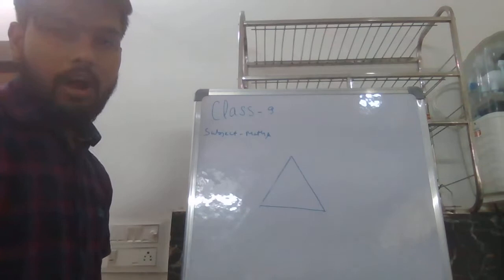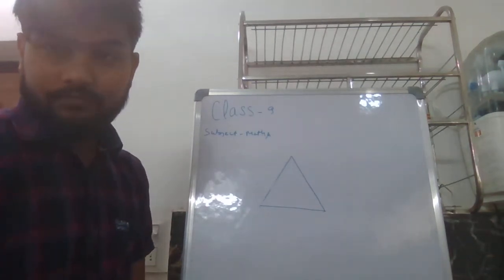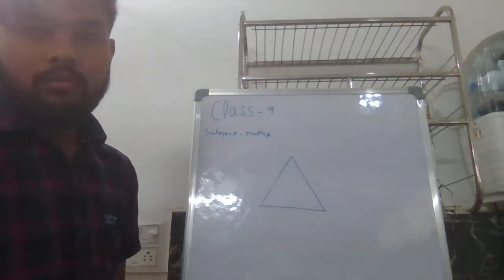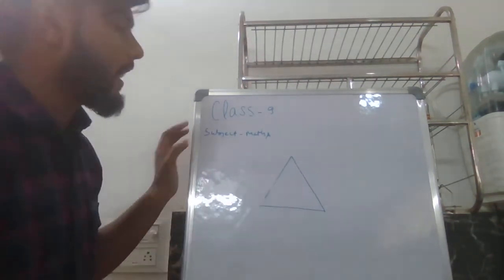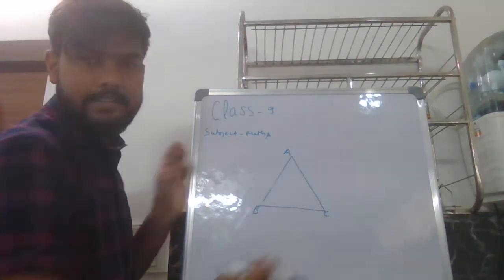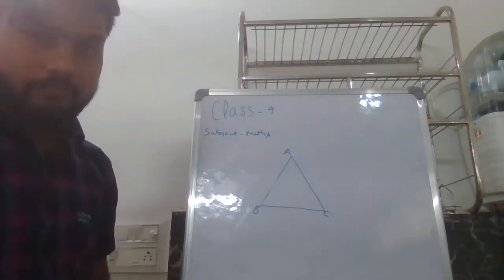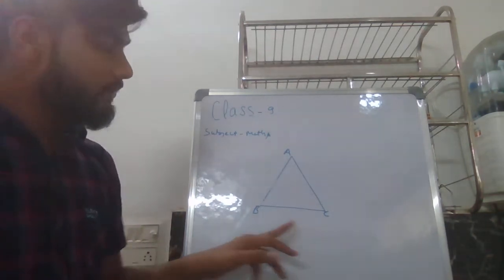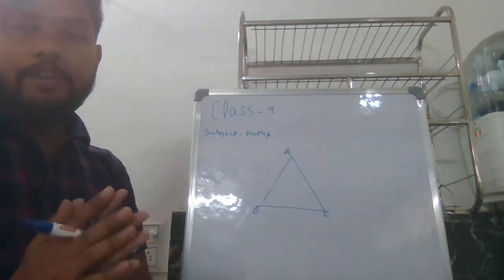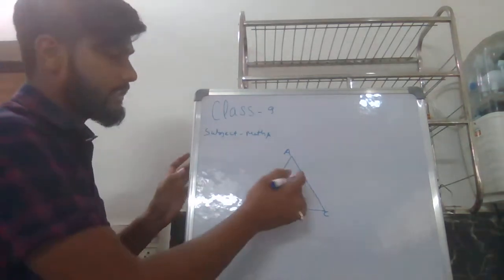After drawing the triangle, what do we have to do? We have to name the triangle A, B, and C. Very good. After naming the triangle, we have to locate a midpoint F in this triangle.